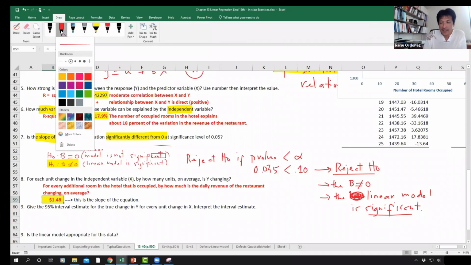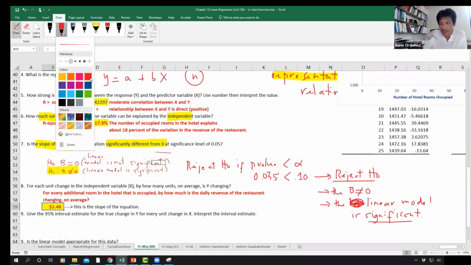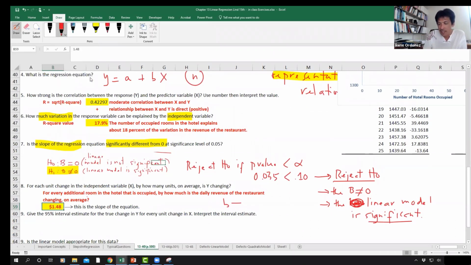So again, the slope is a point estimate of the true slope, in as much as in the previous topics, x bar is a point estimate of mu, and p, the sample proportion, is a point estimate of the true population proportion.